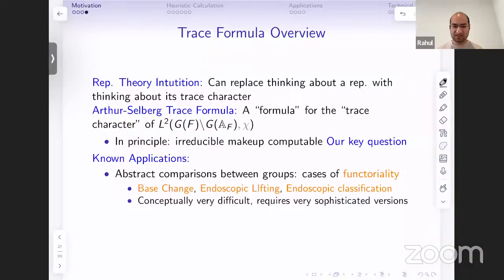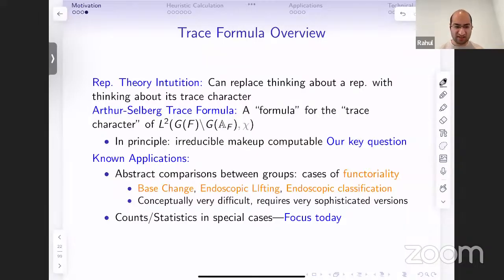So these applications are maybe the most well-known, but they end up being pretty difficult conceptually, and they require very sophisticated versions of the trace formula. So in this talk, instead, we're going to focus on different applications where you look at special cases of modular forms.